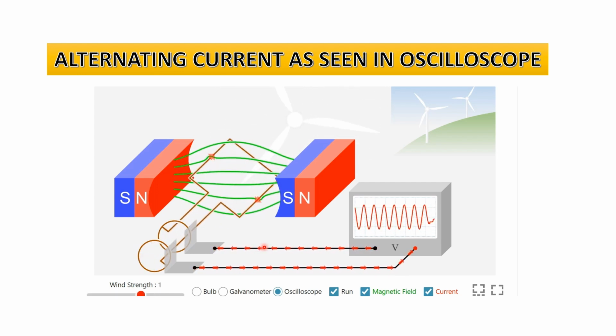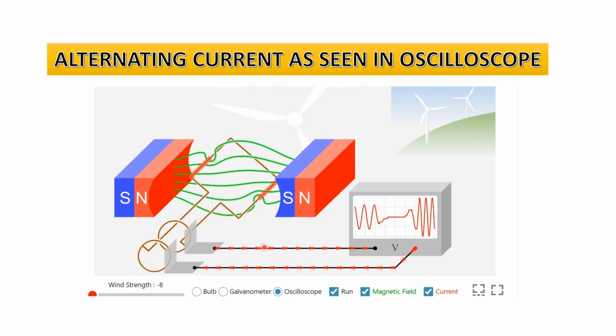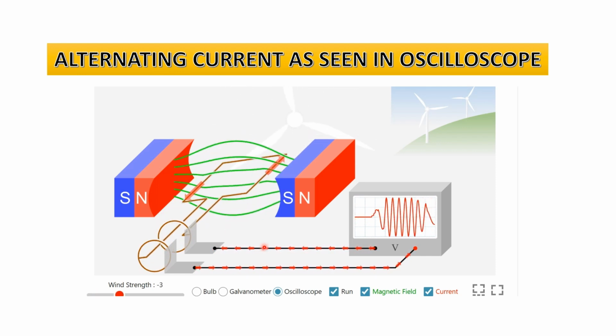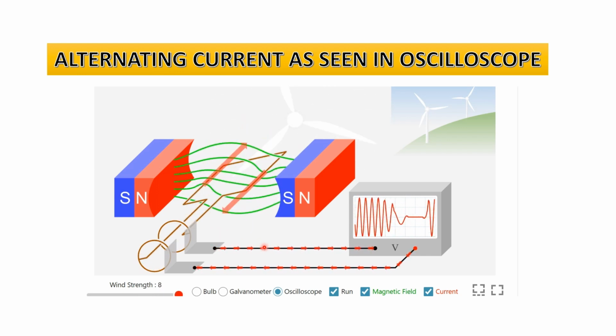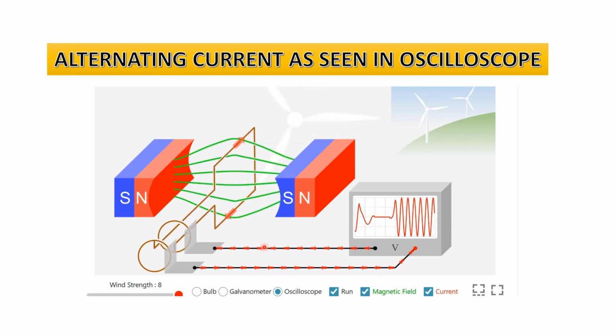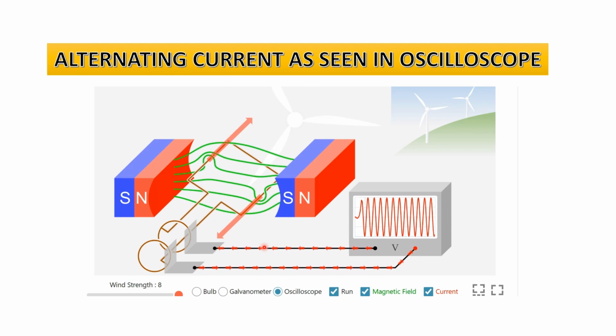And in the oscilloscope, you can see how the graph is appearing. The voltage produced by this rotating coil, which in turn is rotating due to the windmill or the speed of the wind, is a sinusoidal, oscillating voltage. And when the wind strength is 0, it becomes a straight line.